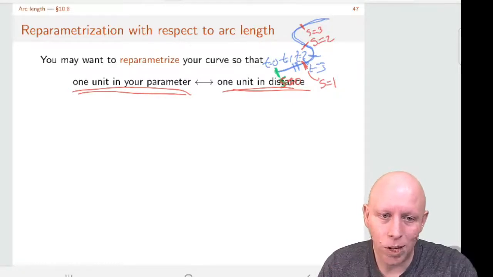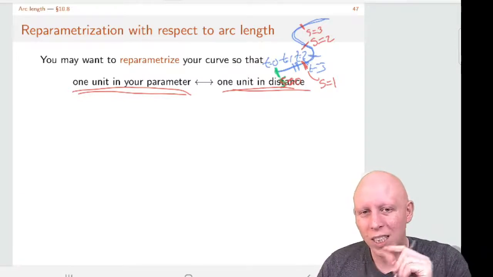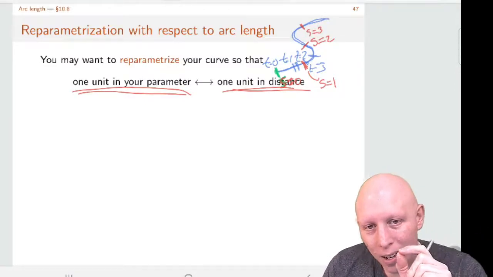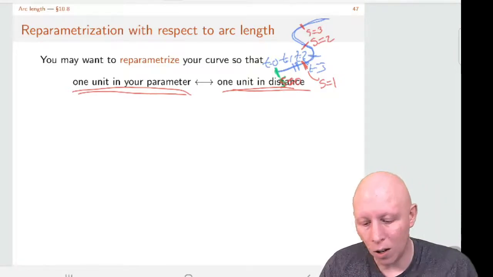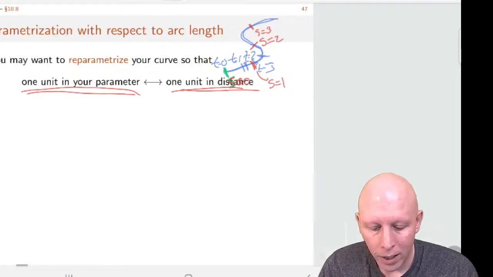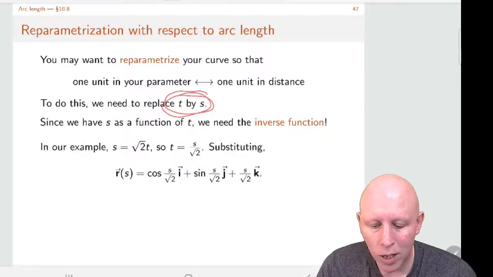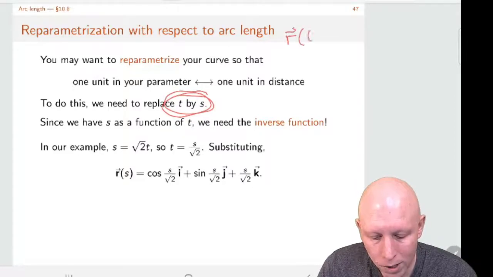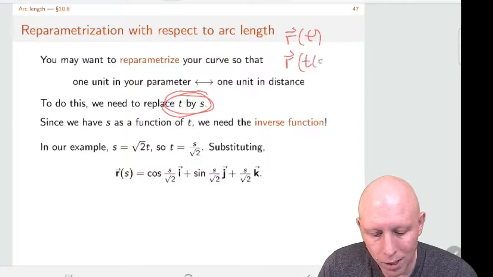This curve you can follow along in many different ways. What we'd like to do is change our parameter so that 1 unit in the parameter corresponds to 1 unit in distance along the curve. So in order to do that, we need to change whatever this t is, right? We're used to thinking of this as r of t. And what we'd like to do is make this instead a function of s.